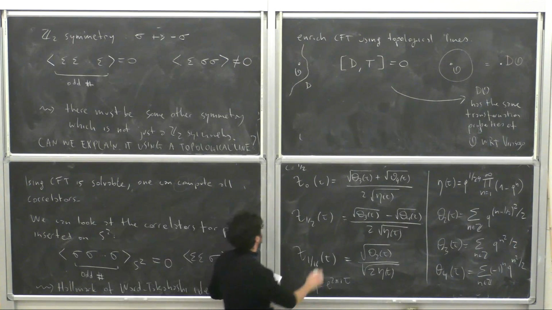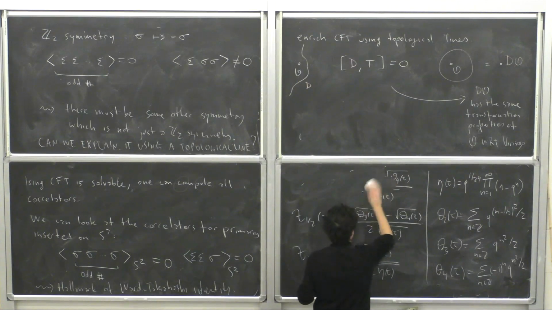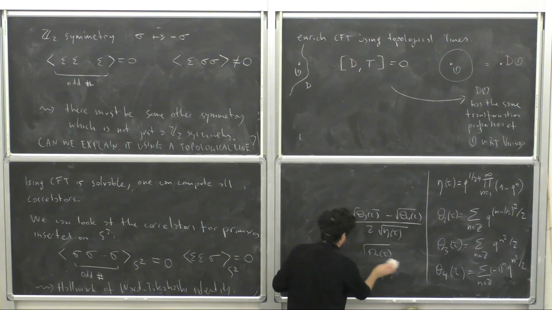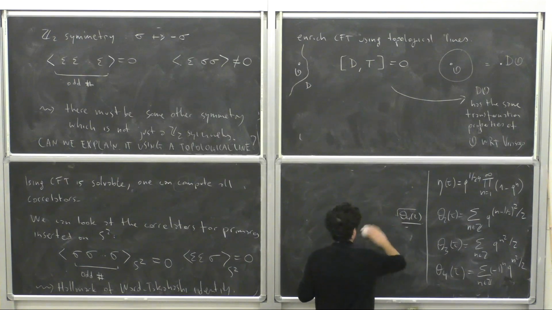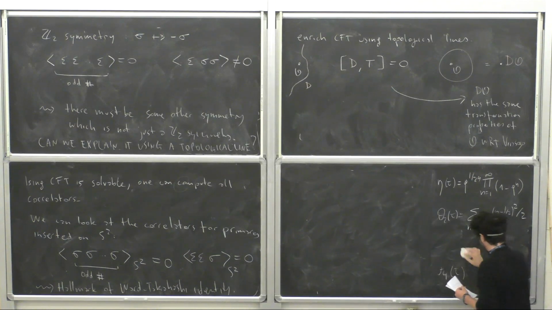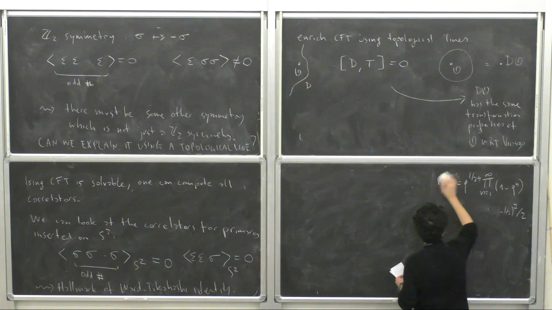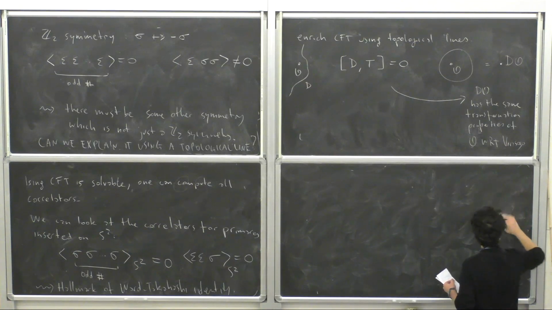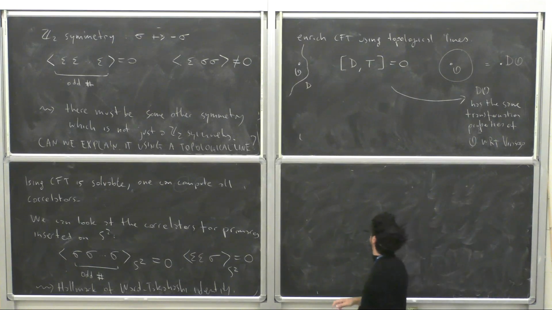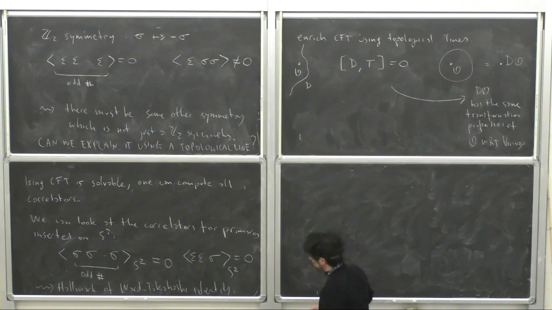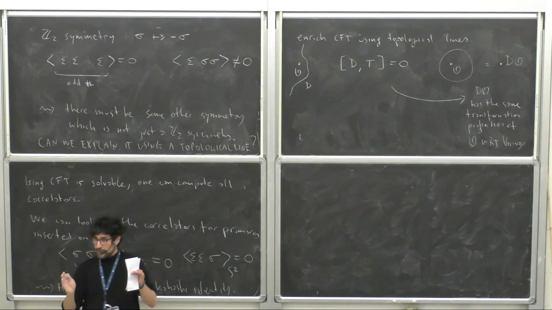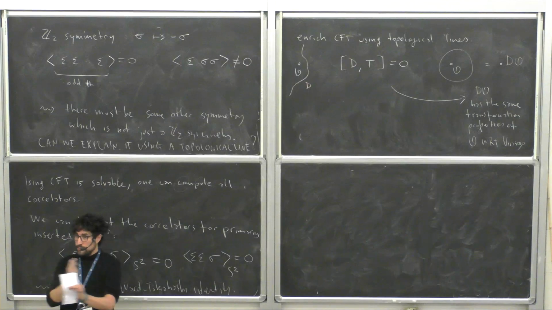And moreover, these topological lines, we can fuse them, as we said earlier this morning, and they will give rise to an interesting fusion ring. It is part of the definition of the topological defect line that if you insert it in a correlator and you insert the stress energy, it commutes with it.